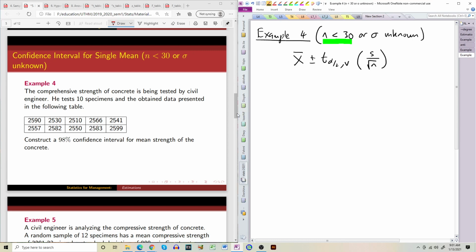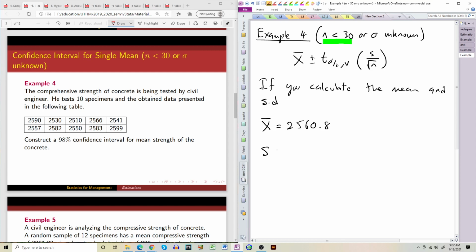So with these 10 data, if you calculate the mean and standard deviation, mean of course is very easy to find, add everything and divide by 10, you will get 256.08.